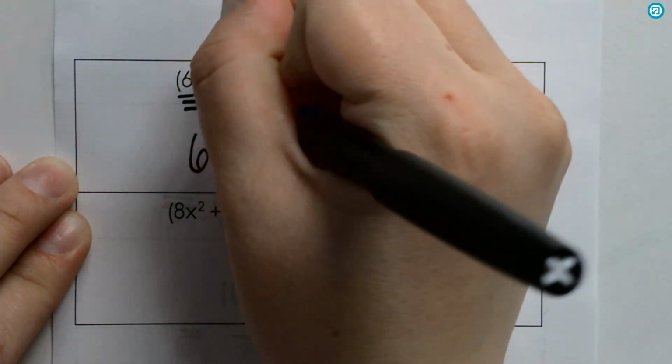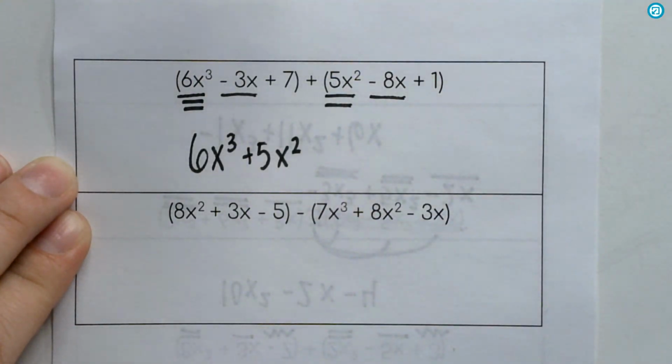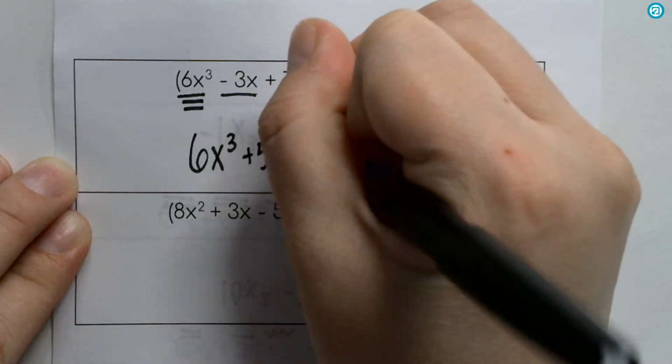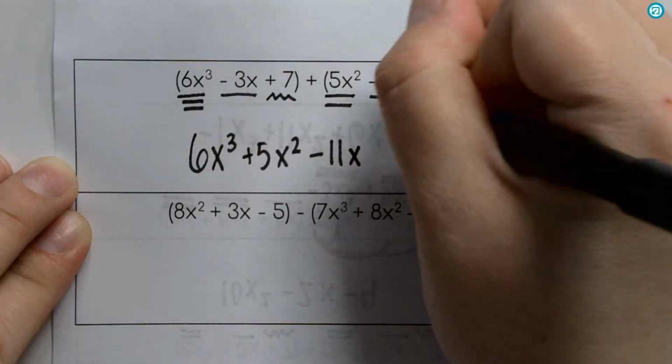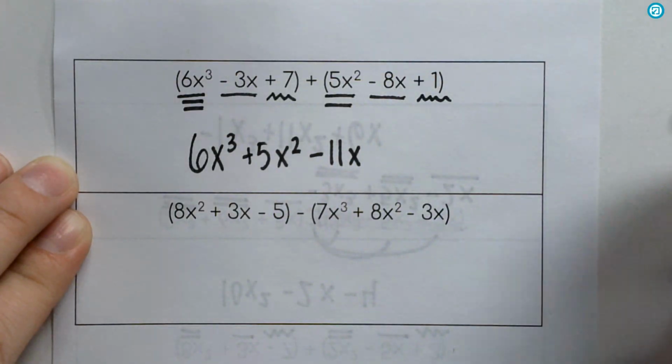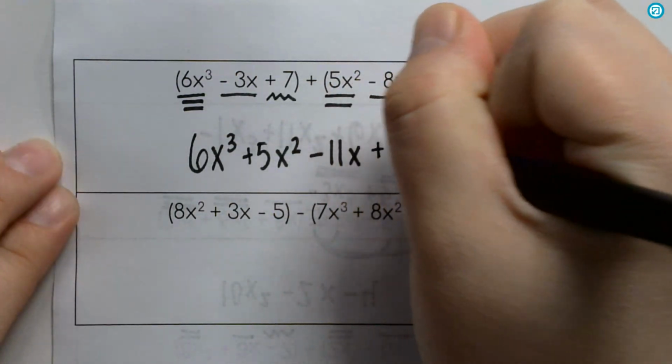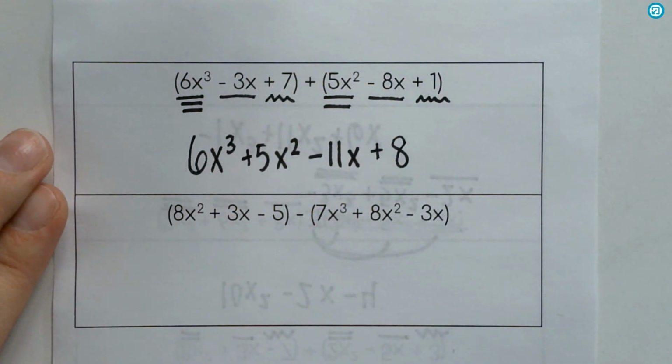And then I've got negative 3x and negative 8x. Negative 3x and negative 8x is negative 11x. And then 7 and 1. 7 plus 1 is 8. So sometimes everything will combine, like the ones on the front where everybody had a nice little partner to combine with. Sometimes they won't.